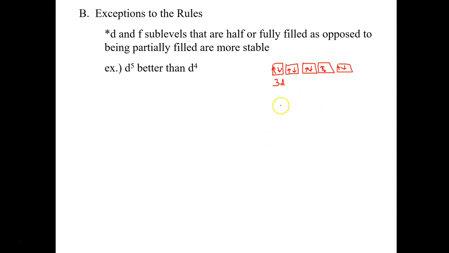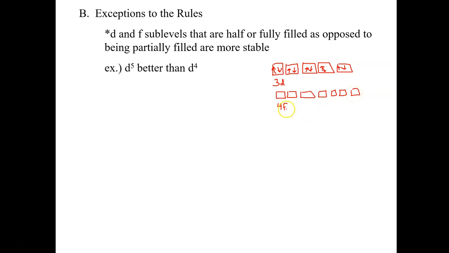Now, how many can an F hold? Remember, an F, like the 4F for instance, always has 7 orbitals. So it has 7 boxes that would be drawn with it. How many can fit in each box? 2. So how many total is that? That's 14.